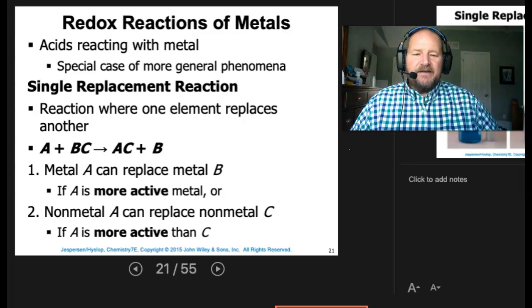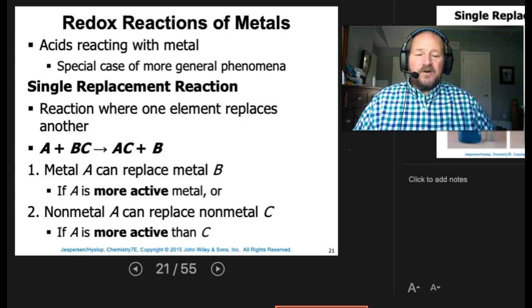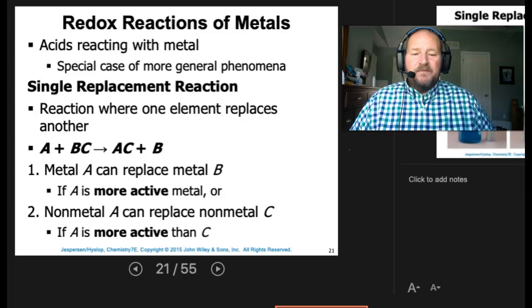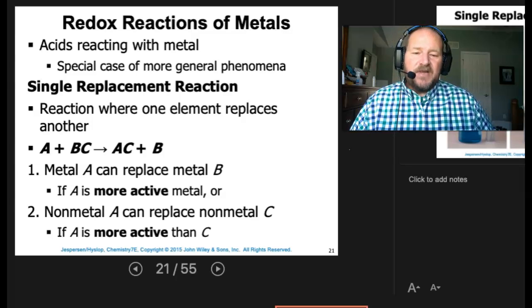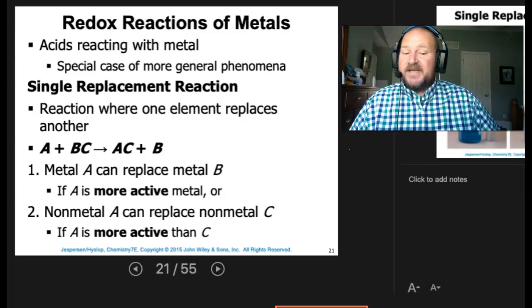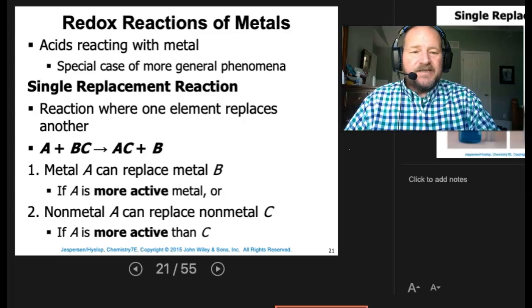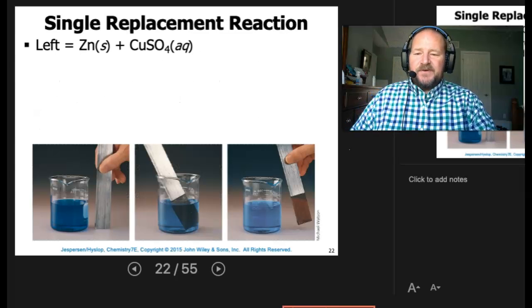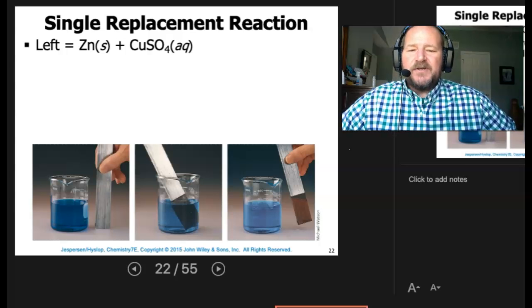So if I have a metal replacing a metal, say sodium reacting with copper chloride, is sodium more active than copper? Because if it is, then it's going to replace the copper. If it's not, then it cannot replace the copper, right? And so again, this is going to lead us to our activity series. So it's a single replacement reaction. Here on the left, we have zinc solid and copper sulfate solution.